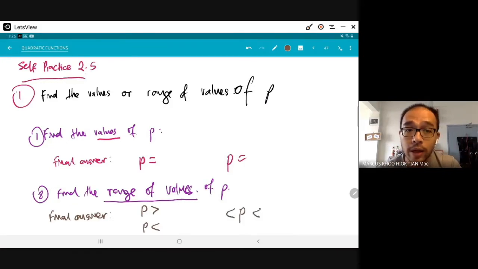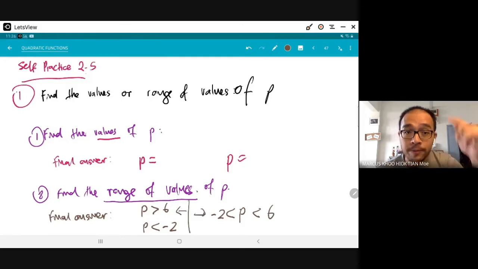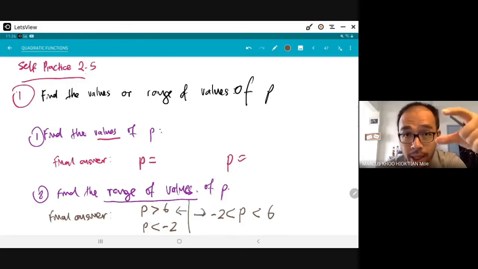For example, P is more than 6, P is less than negative 2, or P is in between negative 2 and 6. These are two types of answers. One is split up and one is joined together.